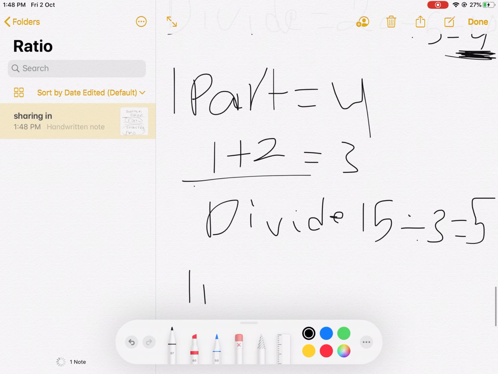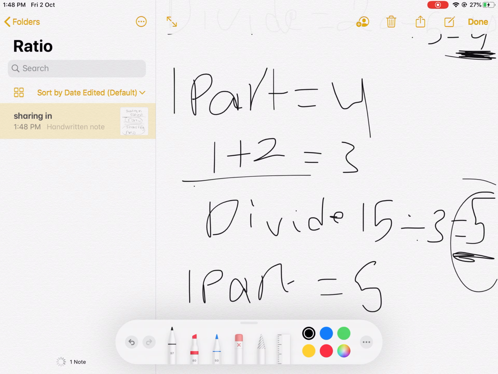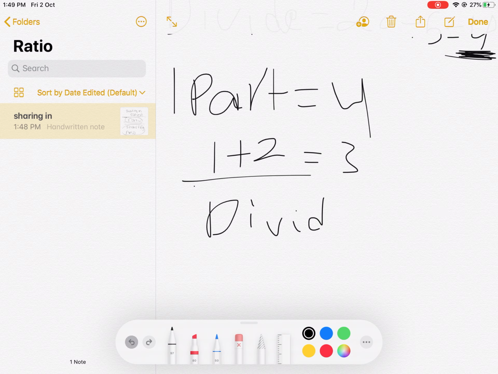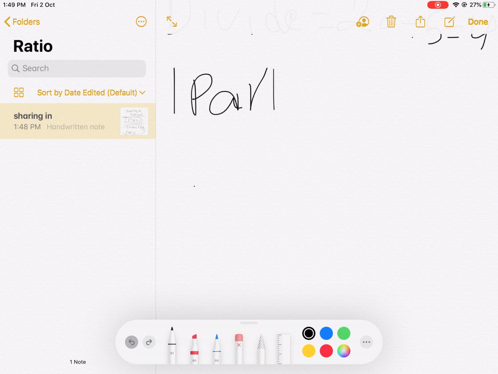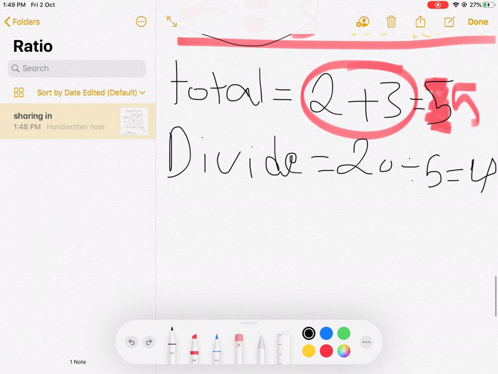Then one part is equal to what? Correct, good job, 5. One part is always equal to the result you got from dividing by the total. So in our example, one part is equal to 4.